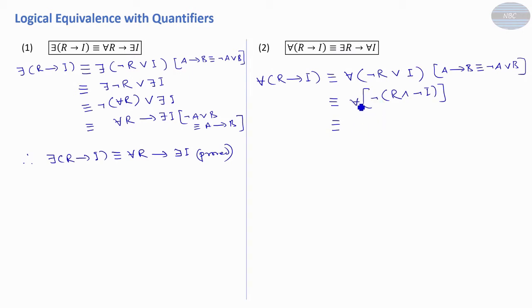So this universal quantifier will become an existential quantifier. So this will be not, there exists x, and in the bracket we have P conjunction not Q.